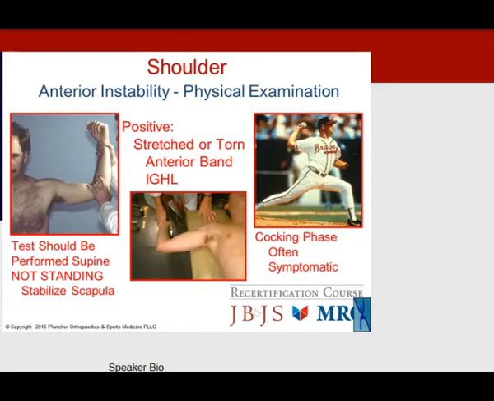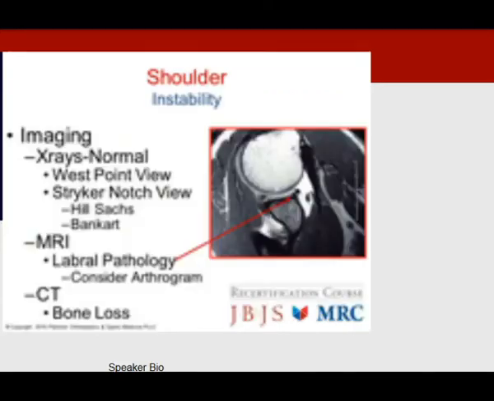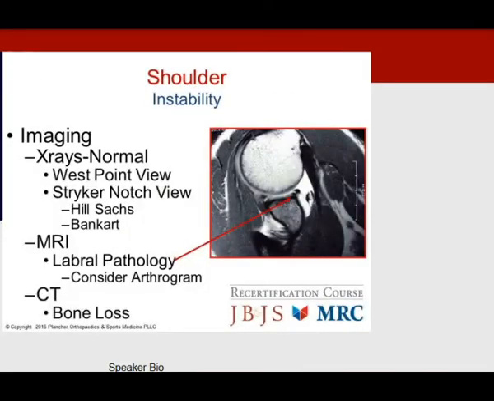Speaking of the load and shift test, remember to perform it supine, not standing, to help stabilize the scapula. And realize if we do have anterior instability, it is the stretched or torn anterior band of the inferior glenohumeral ligament. Subtle instability can occur in the cocking phase, most often in professional or semi-professional throwers, as seen on the right.